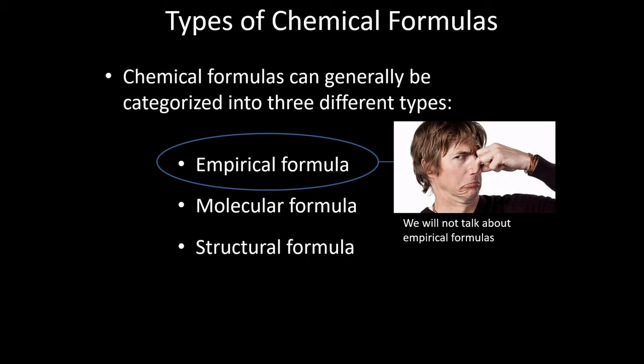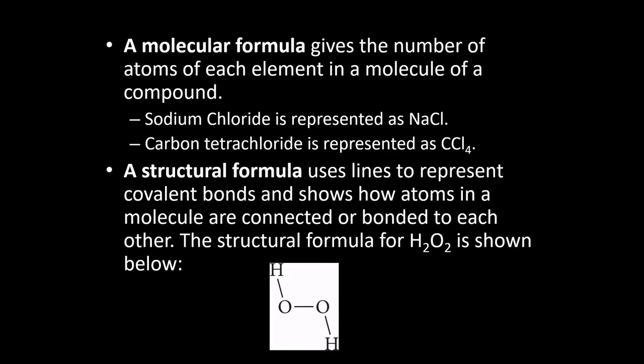They have their place, they're useful in certain situations, but in general, they're not very useful. So we're going to skim over that one and ignore it from that point forward. Molecular formulas, the second one there, this is what we've been looking at up to this point, essentially. The molecules that we've seen to this point could be called molecular formulas.